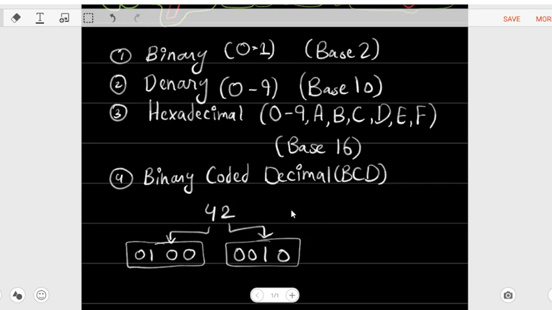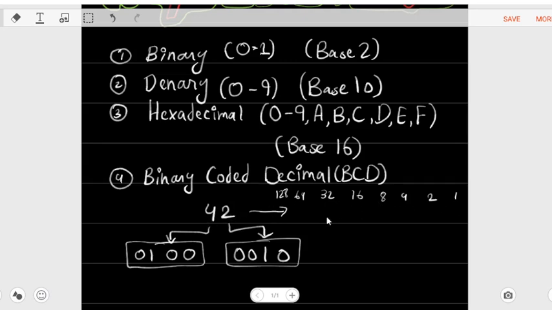In pure binary, the same 42 would have been represented like this. In binary we have 1, 2, 4, 8, 16, 32, 64 and so on, and 128 is the last number that we have over there. We simply place ones and zeros, and their sum should amount to 42.